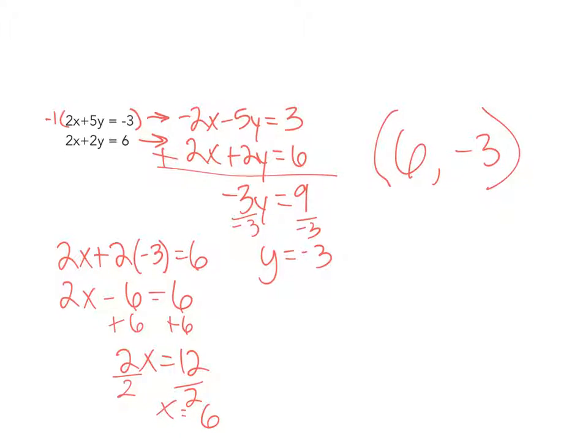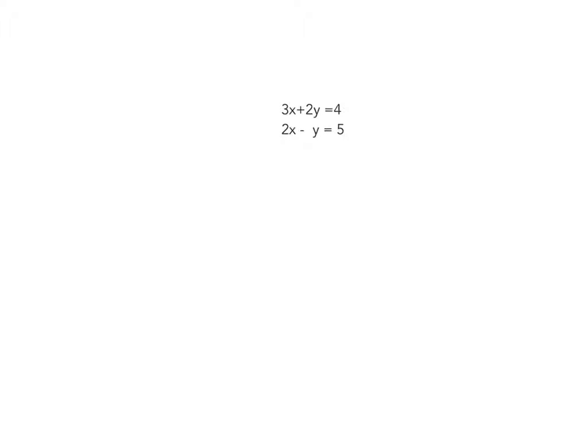Number 2. Not so nice. Here's where you need to decide. Do you want to make the x's both into the same number, or do you want to make the y's? Yeah, y is actually a good choice. It's a good choice because there's a positive 2 on one of them, but the bottom number is just a 1.